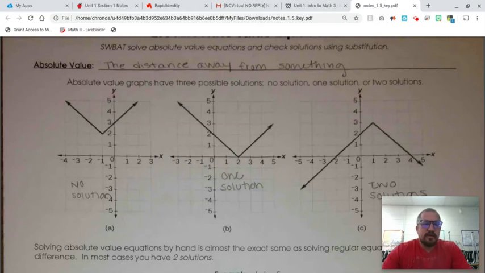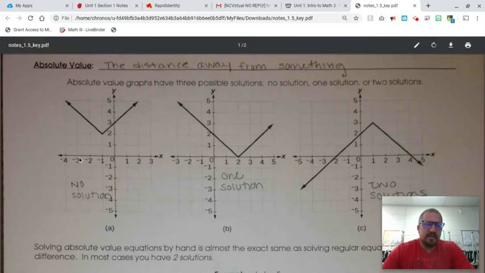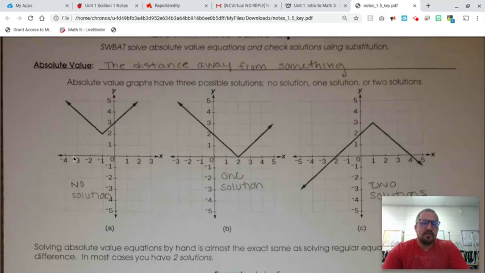And there are 3 types of absolute value graphs that you want to see here. If it never crosses the x-axis, which is the horizontal axis down here, then your answer is that there is no solution because it is never crossed.